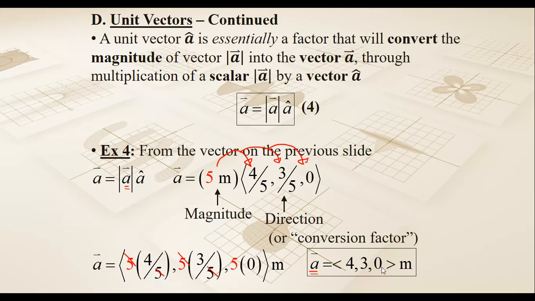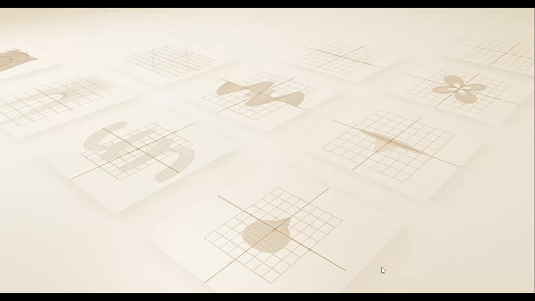Okay, a little bit confusing as to what it's used to do, but that's one reason we use unit vectors. It's a way of taking the magnitude of a vector, and then by multiplying by the unit vector, we can get the vector that incorporates both magnitude and direction.